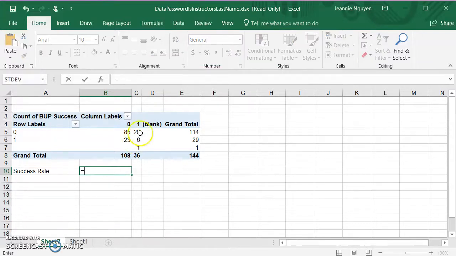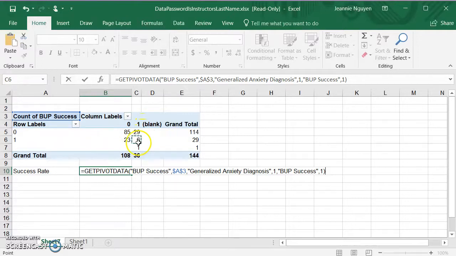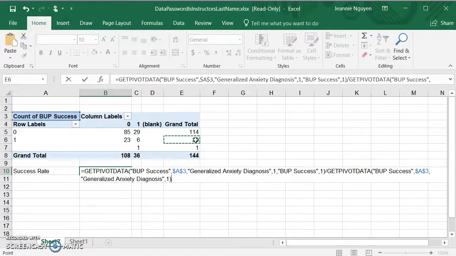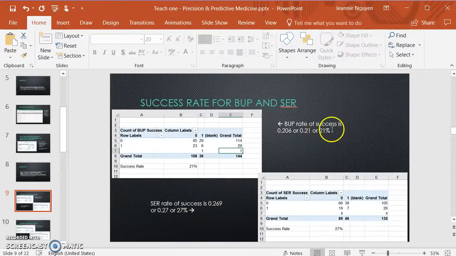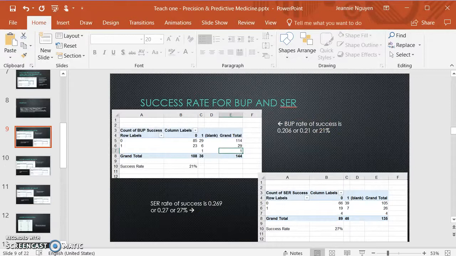And to find the success rate, you want to divide the success of the medication and the patients who were diagnosed with the total number of the success. So the success rate for BUP is 0.206 or 21%. And you're going to want to do this with the rest of the medications.